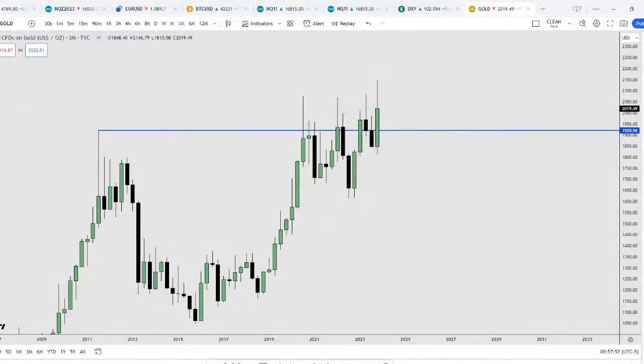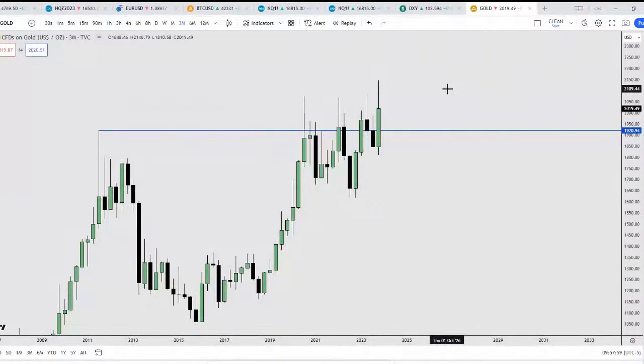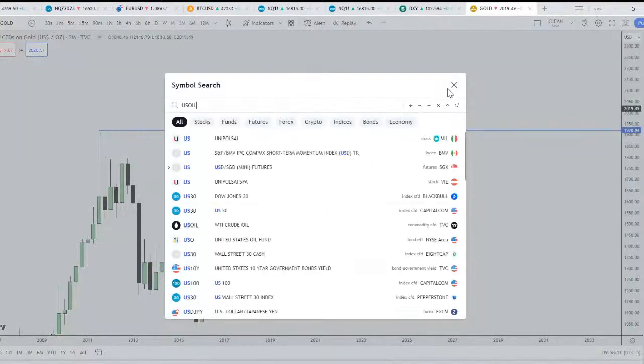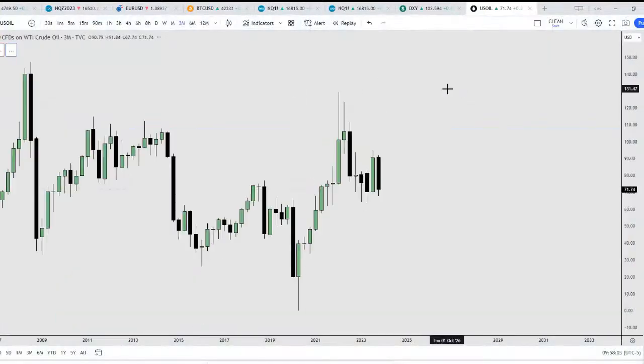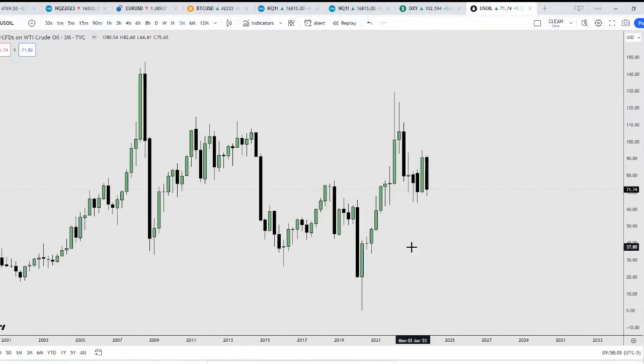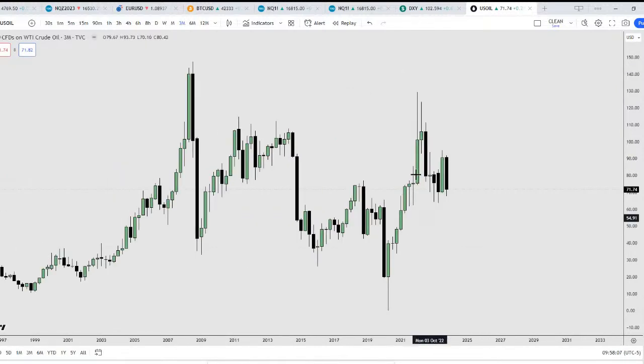Okay, so next up we have US oil. Right, so for the 3-month chart, the oil chart seems to respect this BC here.